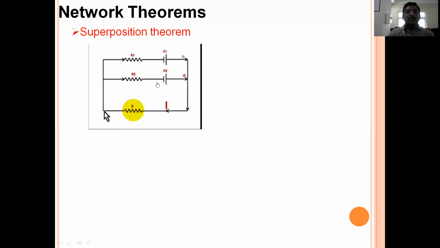Now I'm going to discuss one method of finding the current I which is flowing through this resistance R.